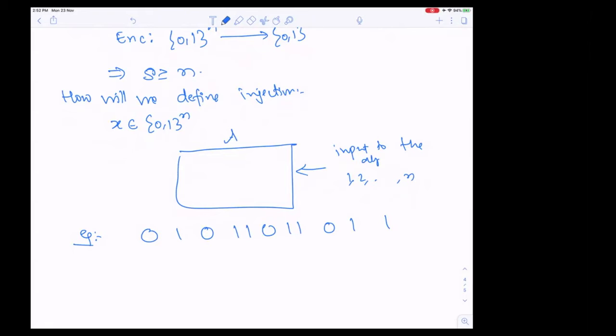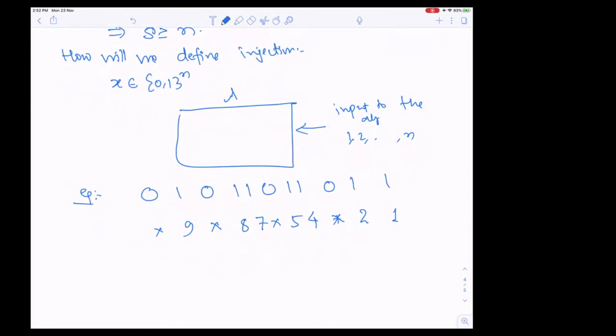This is position 1, so I write 1. This is position 2. The third is 0, I don't care. Fourth is this, fifth, sixth, seventh, eighth, I don't care, 9. So I'm going to give to this algorithm the sequence 1, 2, 4, 5, 7, 8, 9. This is what I'm going to feed.